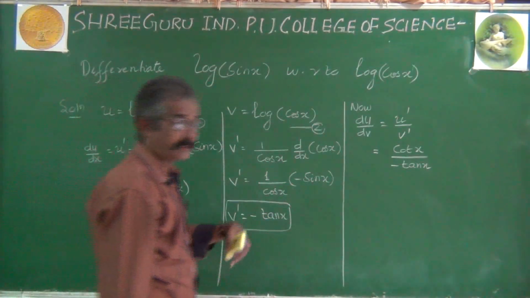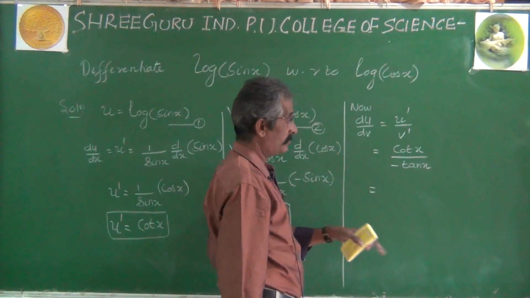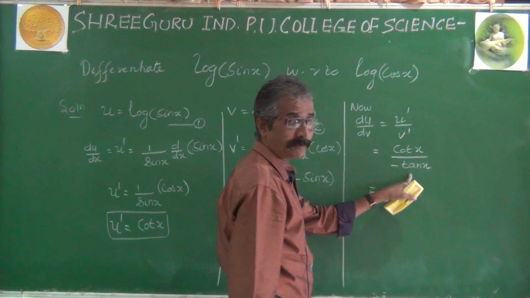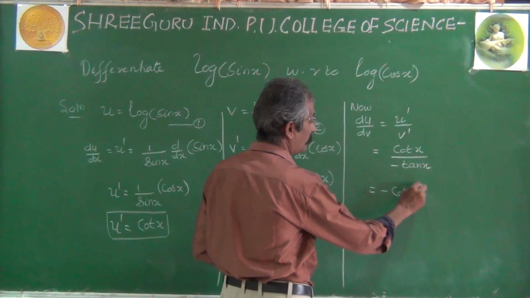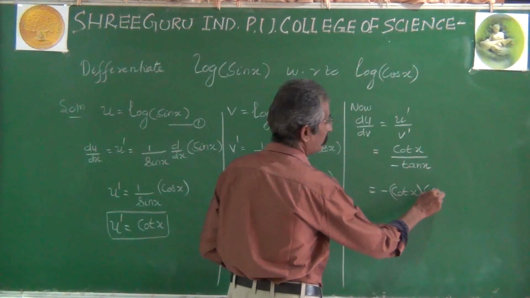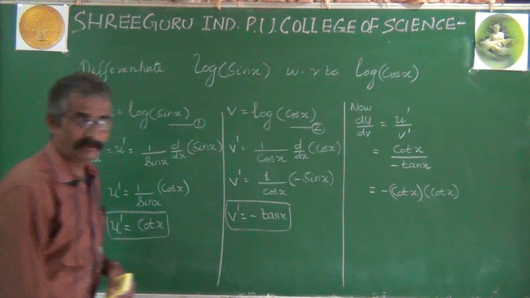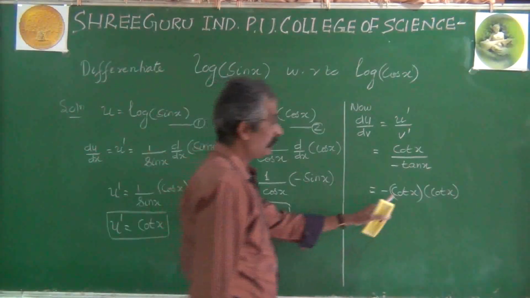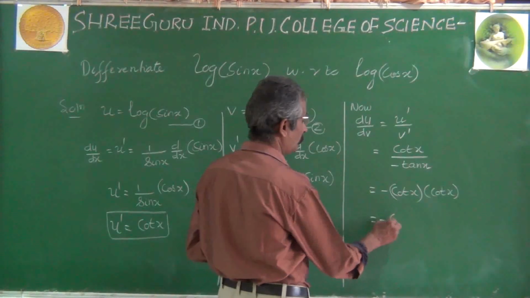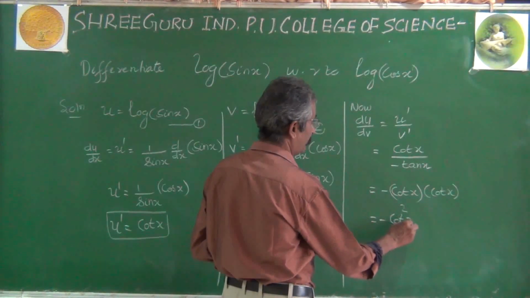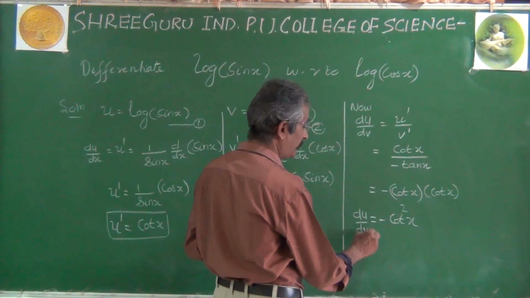Further it can be simplified to some extent using some trigonometrical concept. 1 by tan x means cot x. It becomes now minus cot x into cot x. Lastly, cot x into cot x is cot square x. So it is equal to minus of cot square x. That is the du by dv answer.